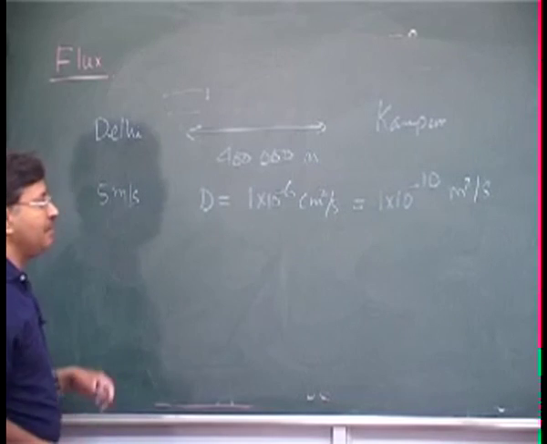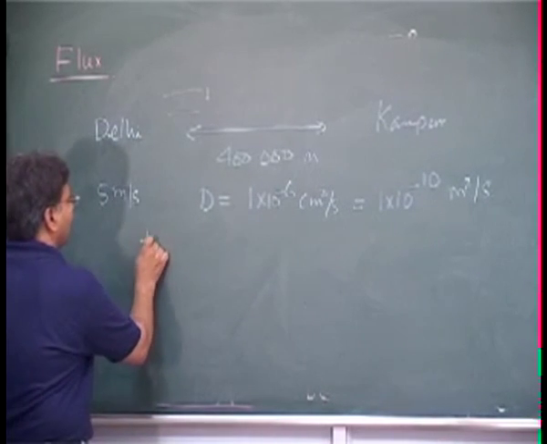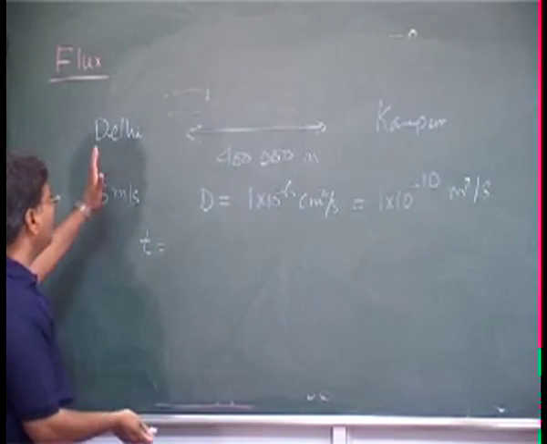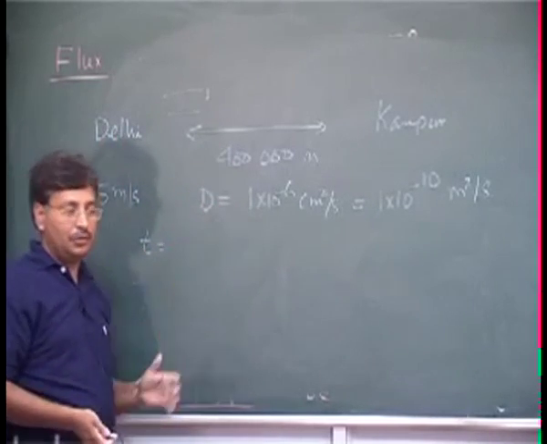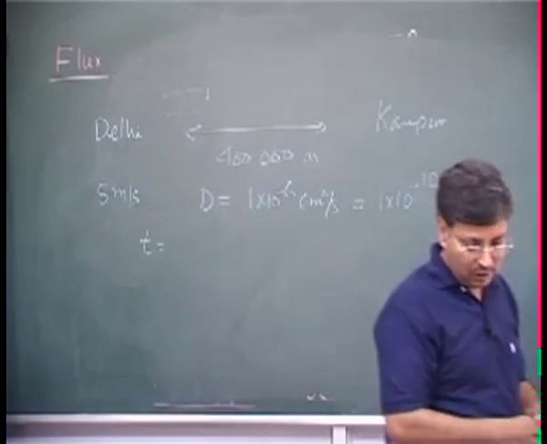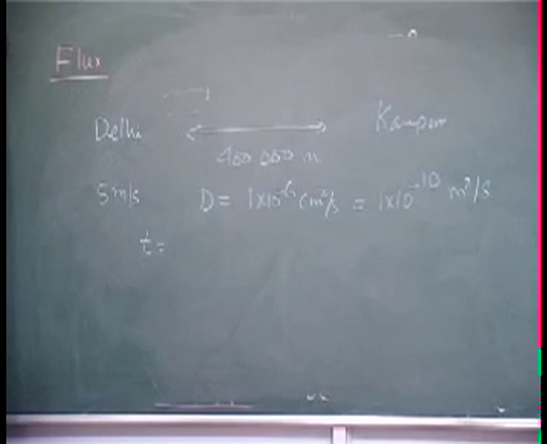What I need is a time, so I can find the time taken for the pollutants to travel from Delhi to Kanpur. The time came out to be, correct me if I am wrong, 80,000 seconds, right?